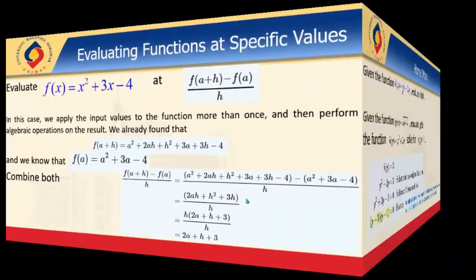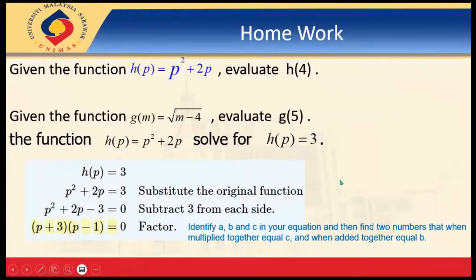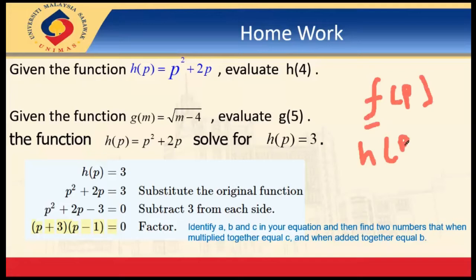Okay, so next level. You want to try this one now. We need to find f of p. We can use f of p, and the same f can be represented by any other alphabet, like h of p, g of p. So don't be confused by this.